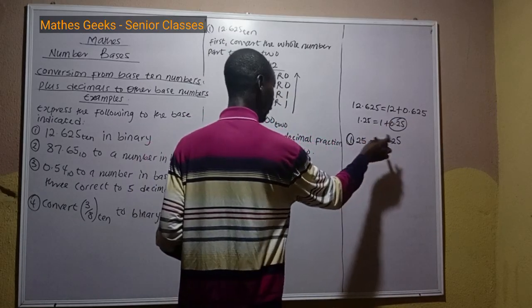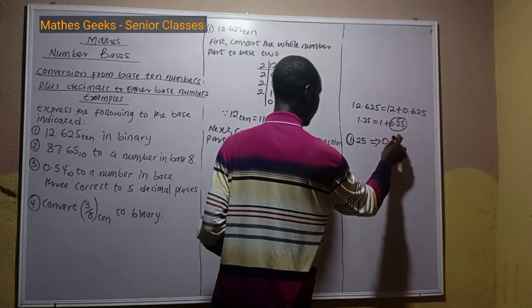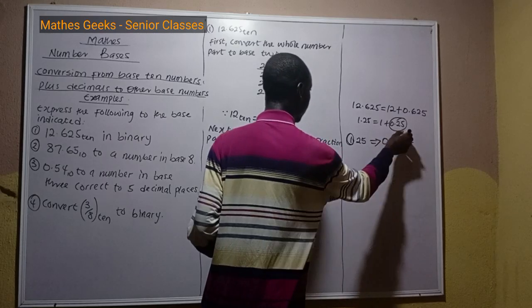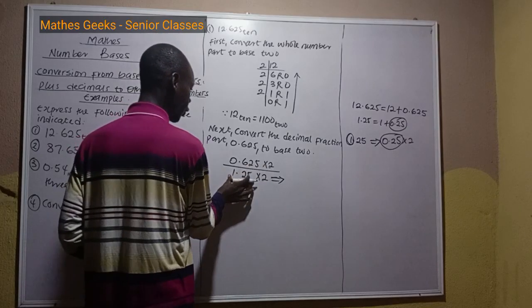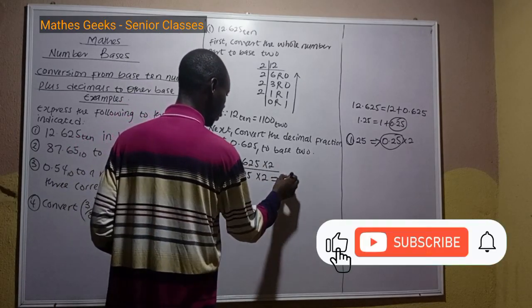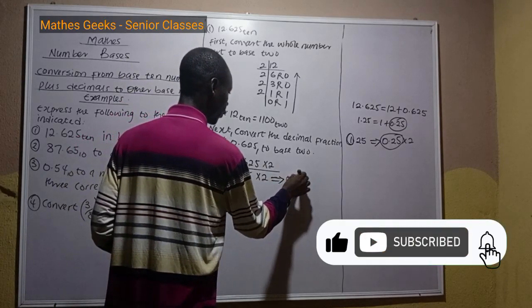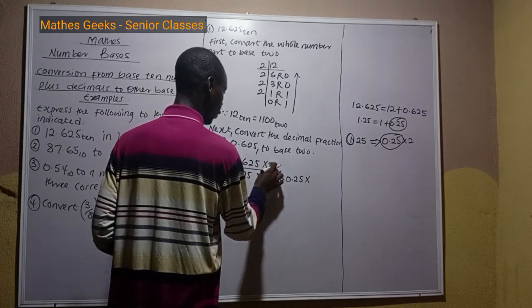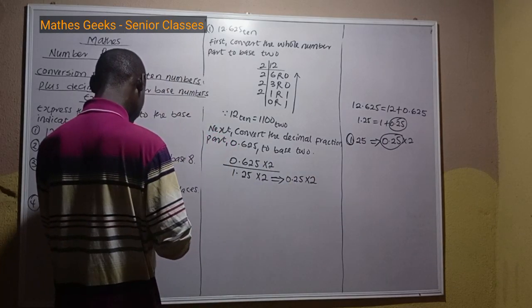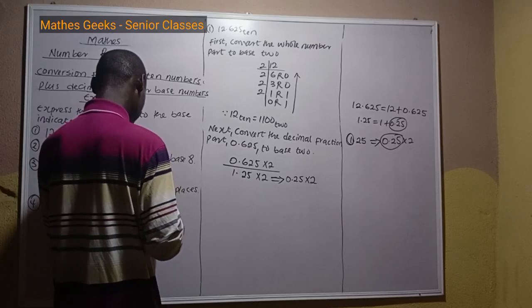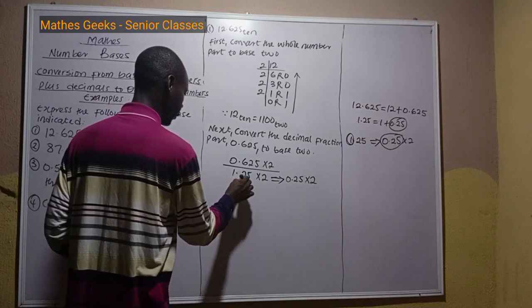So we're going to say 1.25 implies 0.25 times 2. This is the part we're going to multiply by 2, the base you are converting to. That's 0.5.